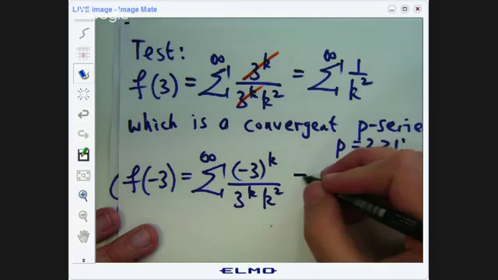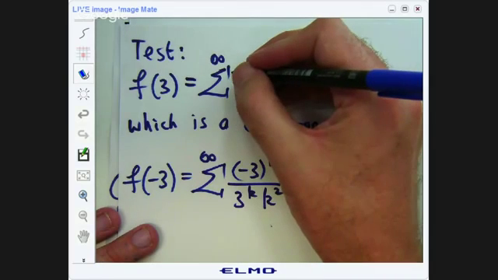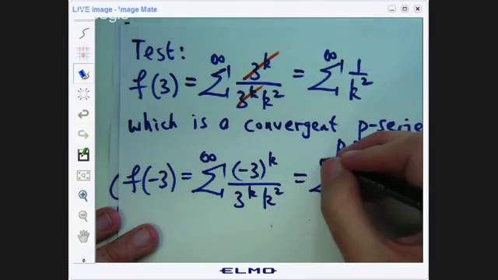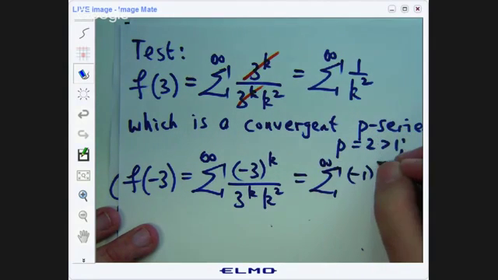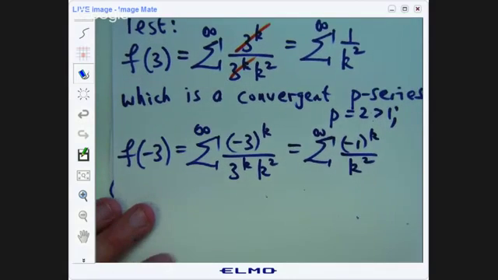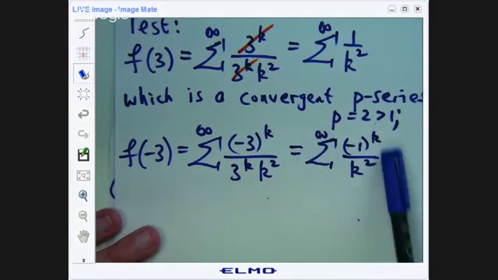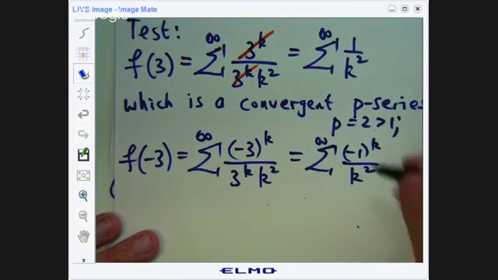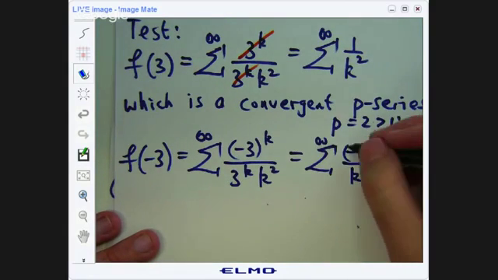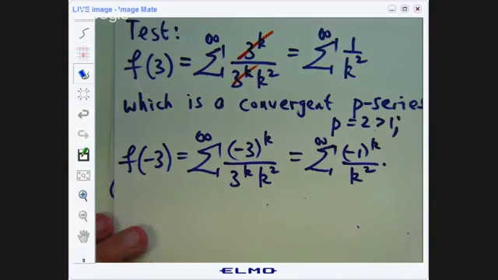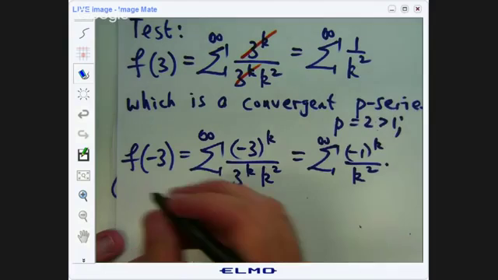So that'll cancel out, similarly to up here, but you'll just be left with (-1) to the k. And now the question is, does this series converge or diverge? Well, if you look at the absolute value of that, the top will just become 1, and you get the same series up here.